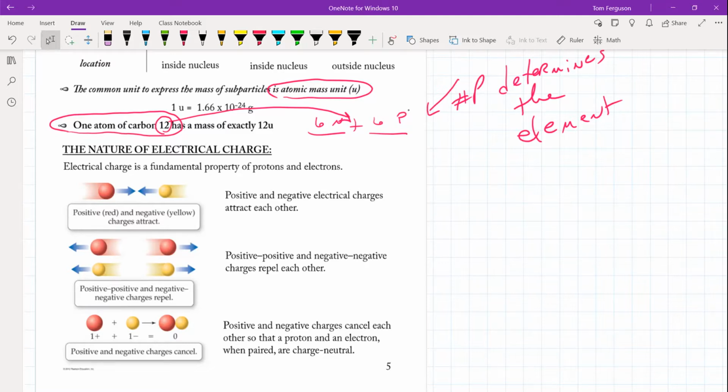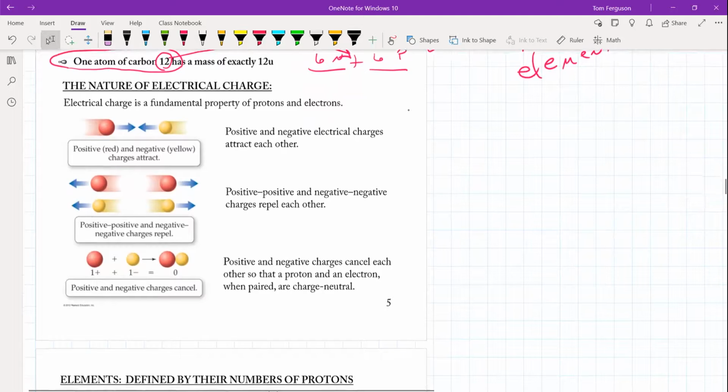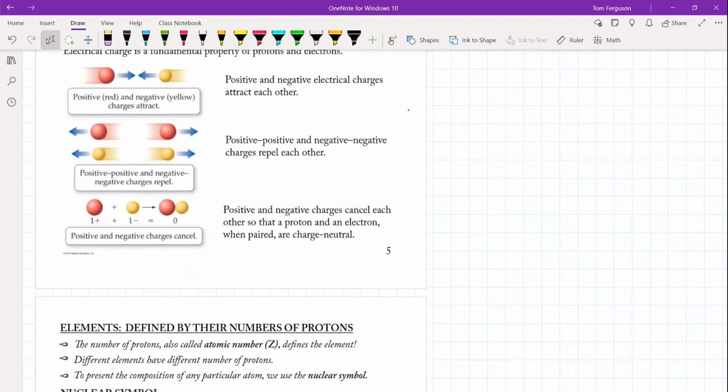And there's a lot of chemistry that talks about the repulsion of electrons. Things like bonds, bond angle, all kinds of stuff. It's based upon the fact that electrons want to have the least amount of repulsion from one another. When you have a positive and negative charge together, the net charge is 0.